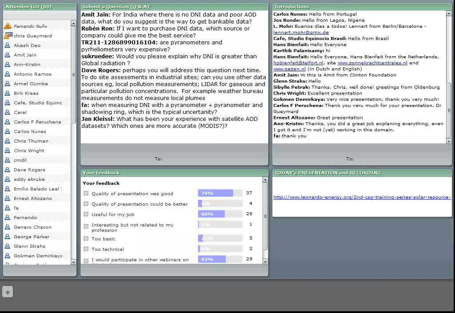In my experience, MODIS is closest to the ground truth. I compared different satellite sources for AOD. There are different satellites, and in my experience MODIS is closest, but it doesn't mean it's perfect. Actually, there's usually a bias, but that bias can be corrected relatively easily if you do some performance assessment against ground truth.